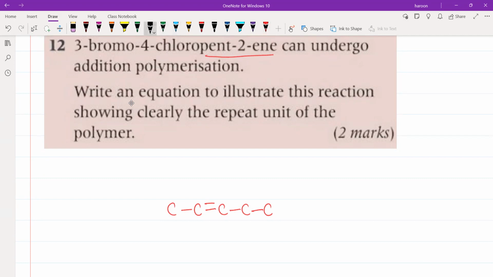So one, two, 3-bromo, 4-chloro. Okay, this one.